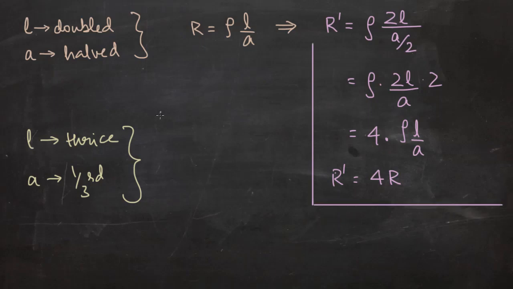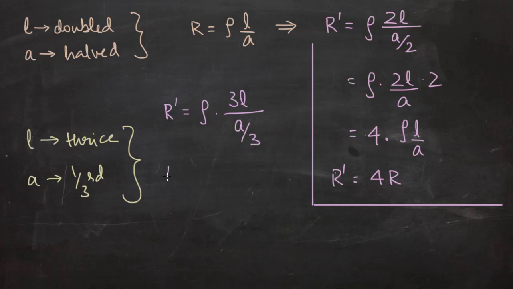So my new resistance R dash would be rho into length has become 3 times the original, so 3L by, because I made length thrice and I'm saying that my volume is being conserved, my area of cross section would become one third, so it would become A by 3.